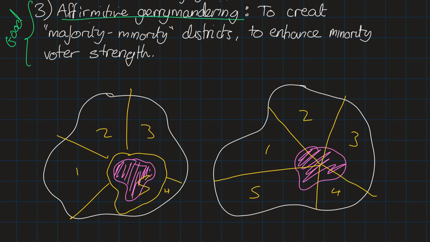So this minority group, the pink people, won't elect anyone to any of the 5 districts. So they won't be represented in this election. Whereas on the left, they have a representative. They'll have the 5th district. Okay.